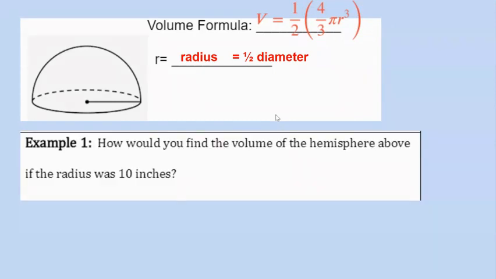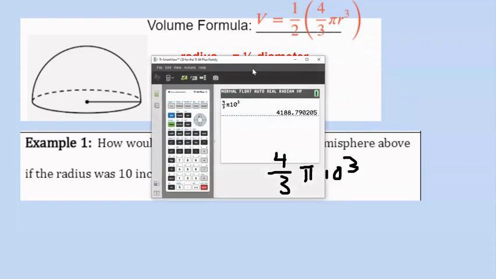So if we were to find the volume of a hemisphere above, if the radius was 10 inches, what we could do is we could do 4/3 pi. Our radius is 10, so we're going to do 10 cubed and get that. As you see, I got that.